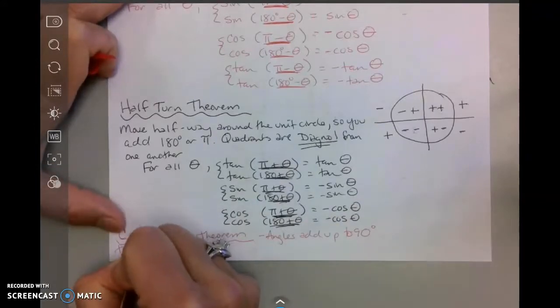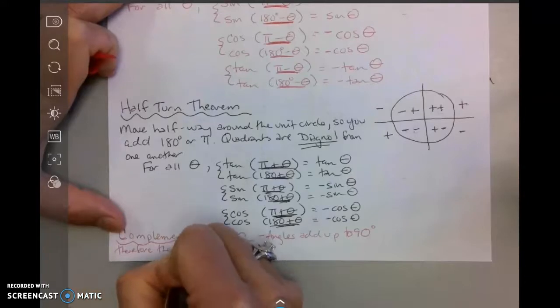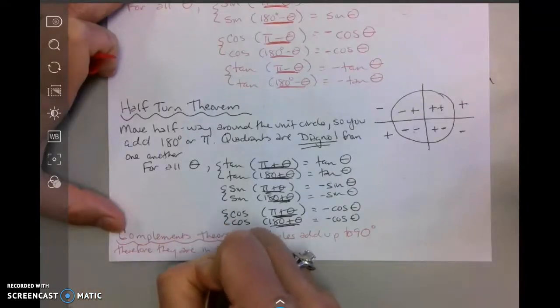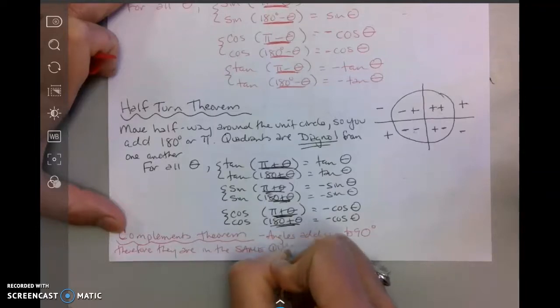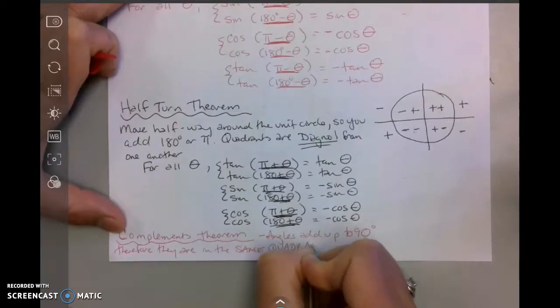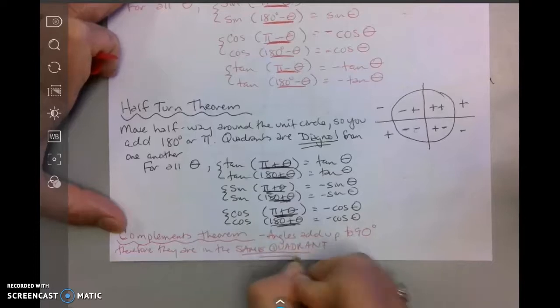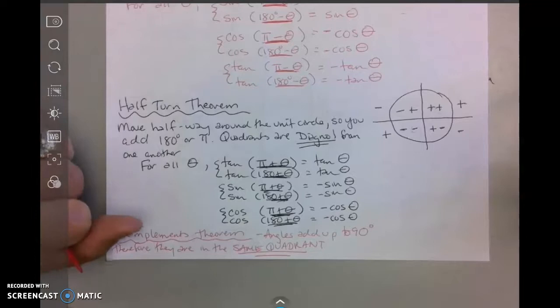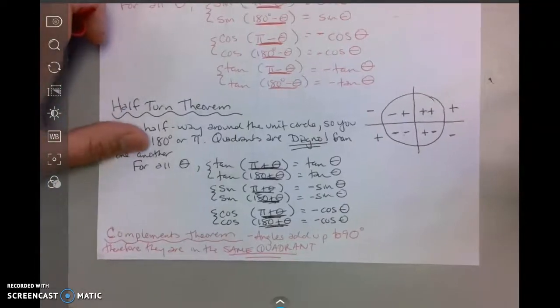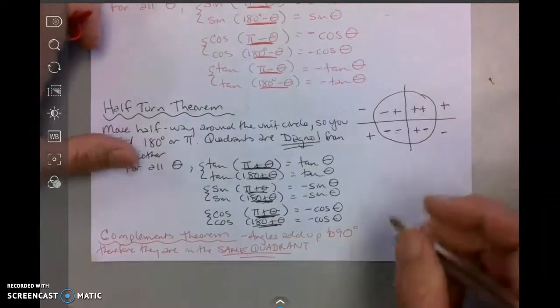Therefore, they are in the same quadrant. For instance, 30 and 60 are both in quadrant 1, and they add up to 90 degrees.